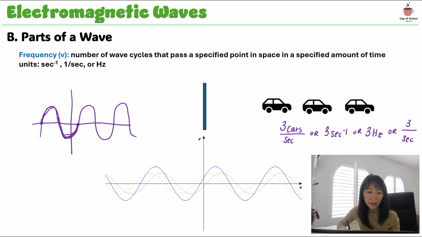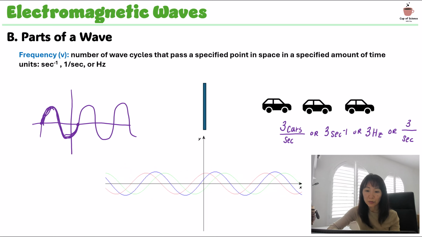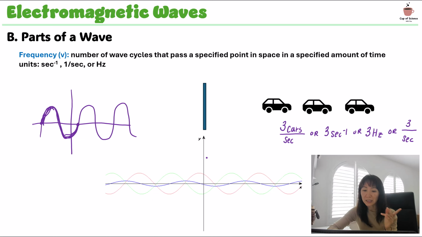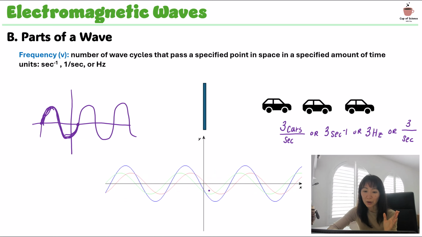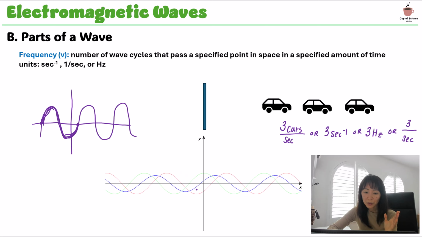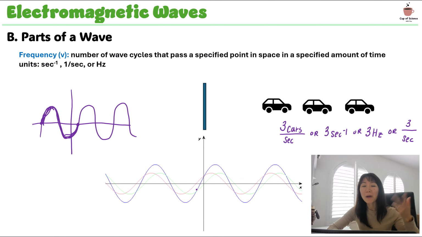How many of these cycles pass through this y-axis in 1 second? Just focus on the red one. Ready? 1, and then 2. So say 2 passed.